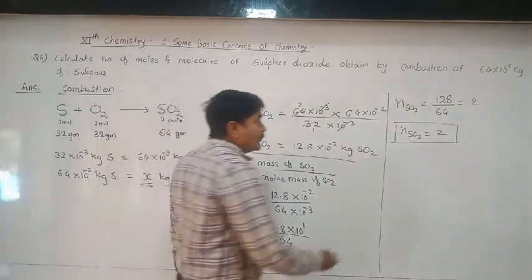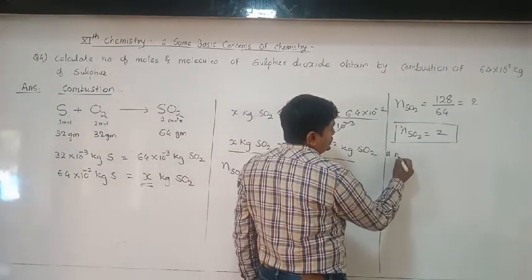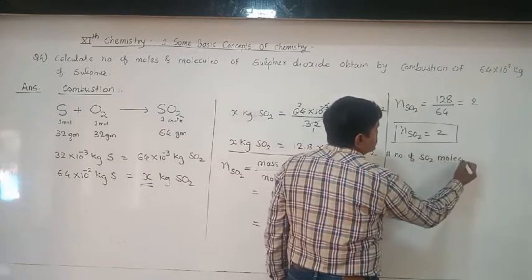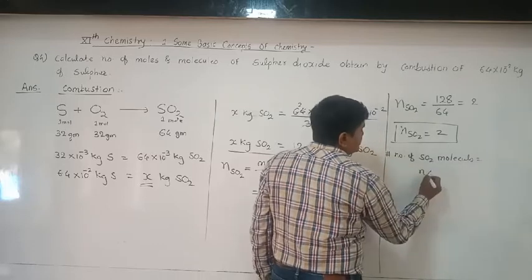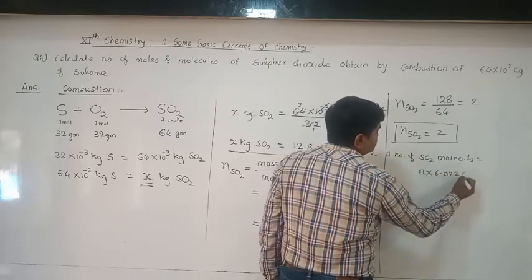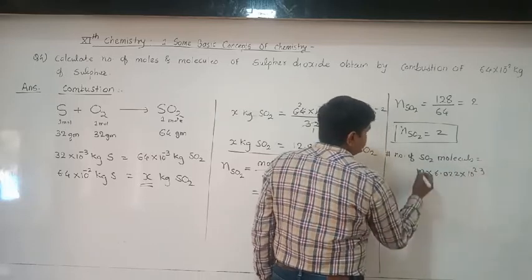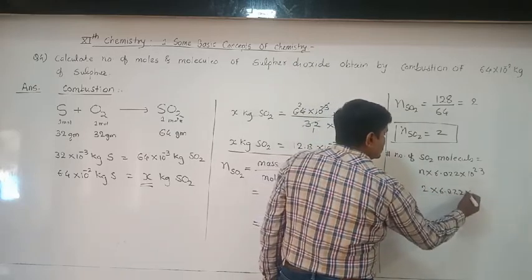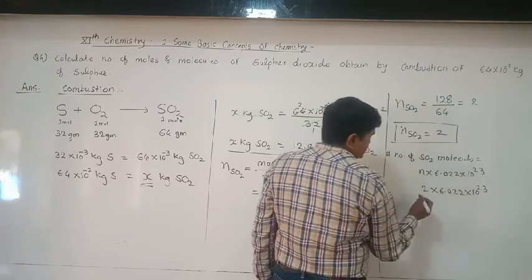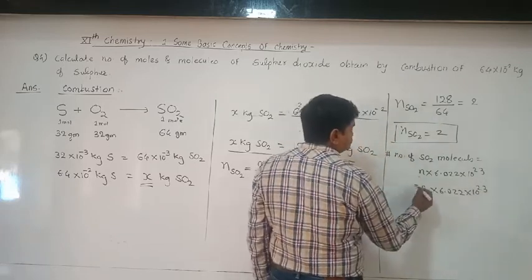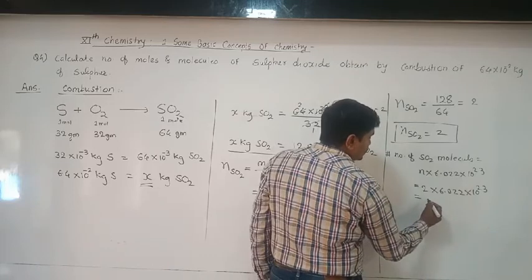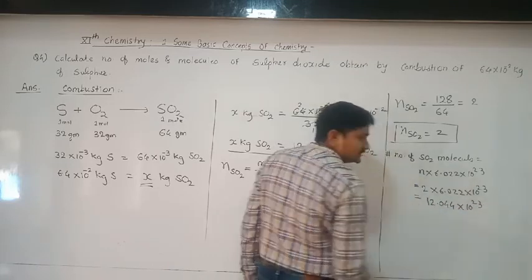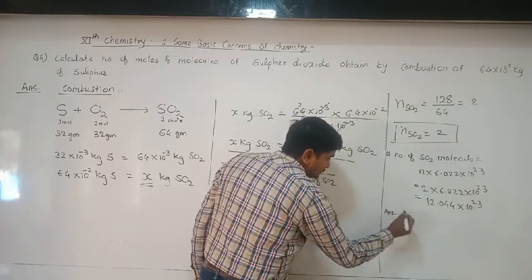Then calculate the number of molecules. Number of SO2 molecules is equal to n into Avogadro's number. n is 2, into Avogadro's number 6.022 into 10 raised to 23. So the number of SO2 molecules is 12.044 into 10 raised to 23. So finally I write the answer here.